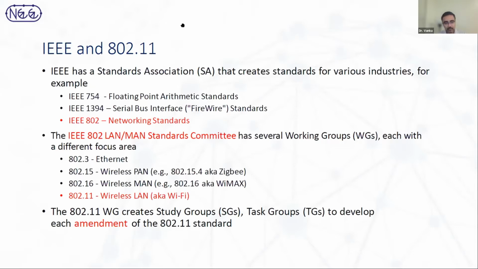And the 802.11 working group, in turn, creates several study groups and task groups, which create what are called amendments to the 802.11 standard. And these amendments are not necessarily in succession, because it's not that one amendment supersedes another amendment. You can think of them as variants created out of a common tool set. Okay, we'll come to that in a minute.